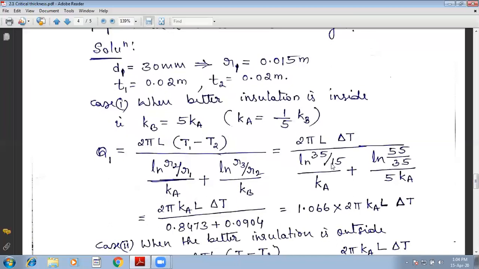Now ln of 35 by 15 divided by Ka plus ln of R3 by R2. So R3 is 55 mm divided by 35 divided by Kb. What is Kb? Kb is 5 times of Ka. The same has been taken here.